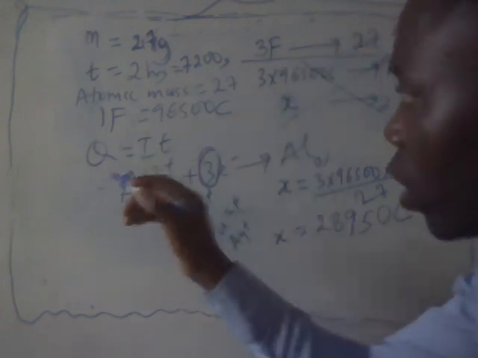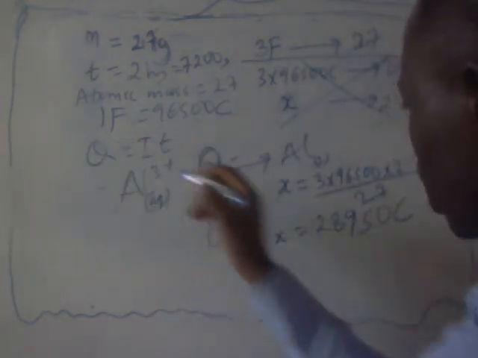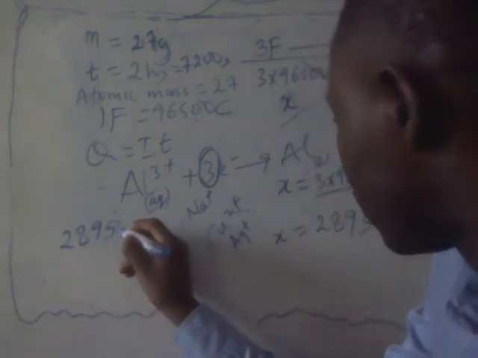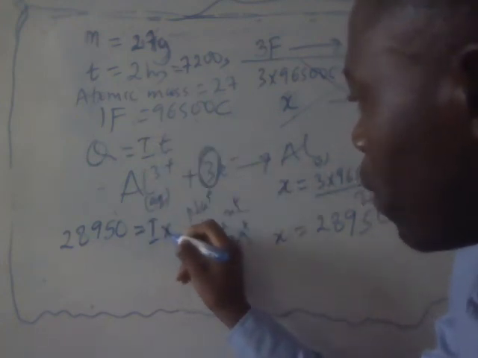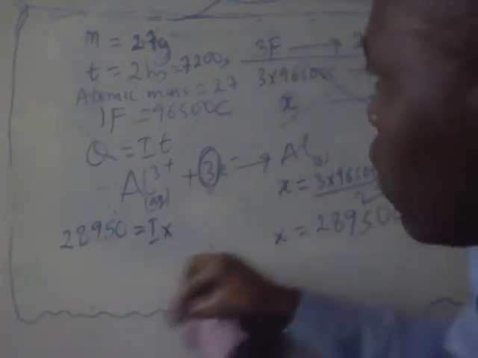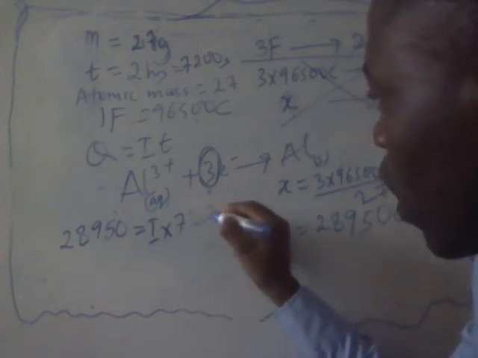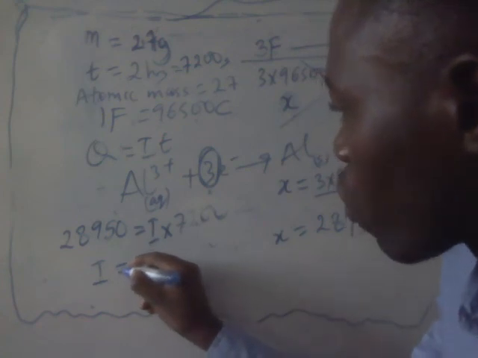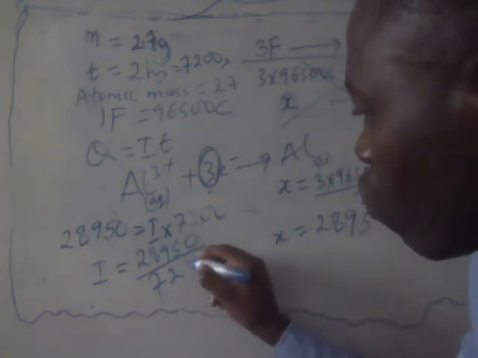So you now substitute in the formula Q equals IT. Your Q is 28950 equals I, which you are looking for, multiplied by the time, which is 7,200. Making I the subject, I equals 28950 over 7,200.